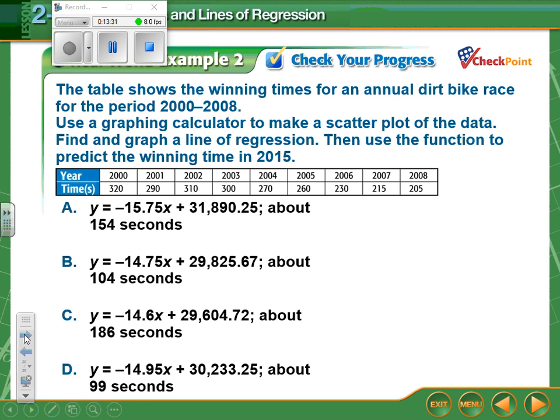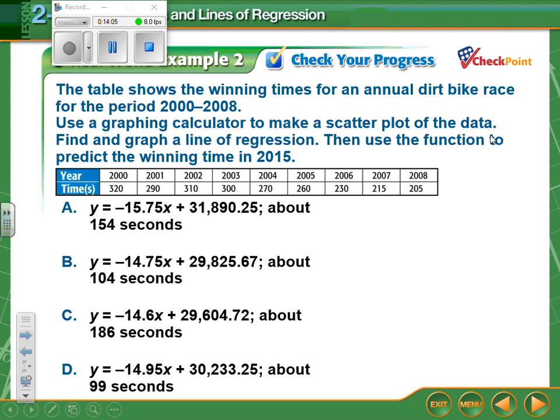This shows winning times for an annual dirt bike race from 2000 to 2008. Again, use your calculator to make a scatter plot of the data. List 1 and list 2. Put the years in list 1, put the times in list 2. Then do stat calc and let it find the line of best fit using linear regression, and then take that equation, plug it back in, and let it draw that line through your scatter plot.